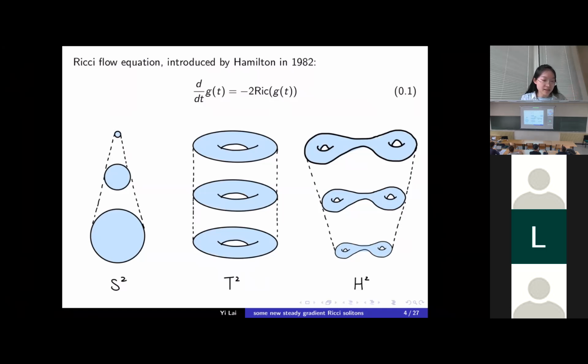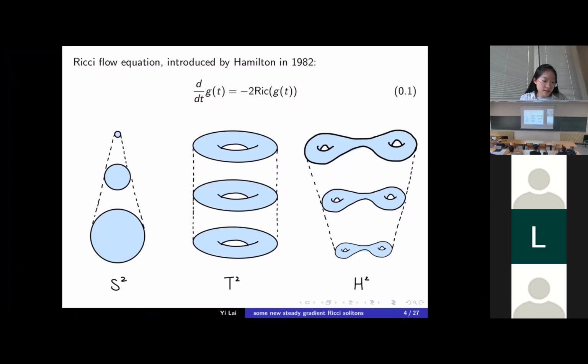So the right-hand side in the equation is negative, and this metric will keep shrinking until it becomes a point. As a singularity model of this sphere, if you blow up at the singular time, you will see again this shrinking sphere itself.